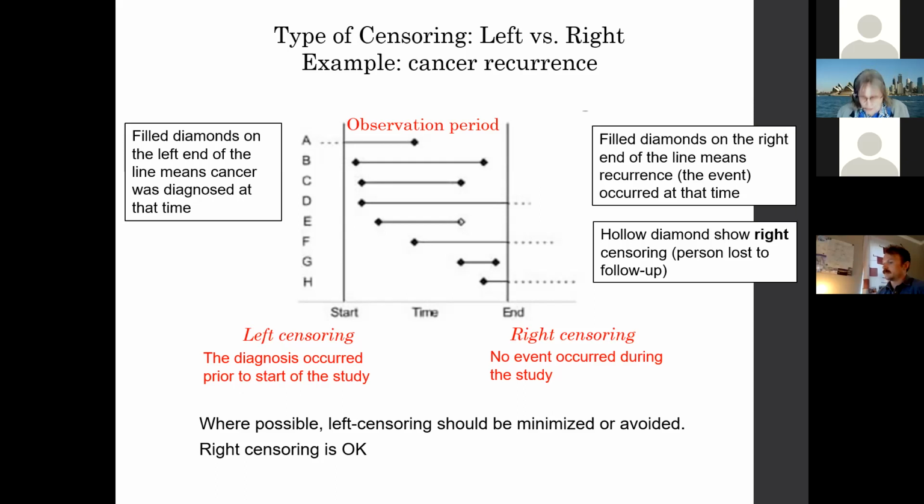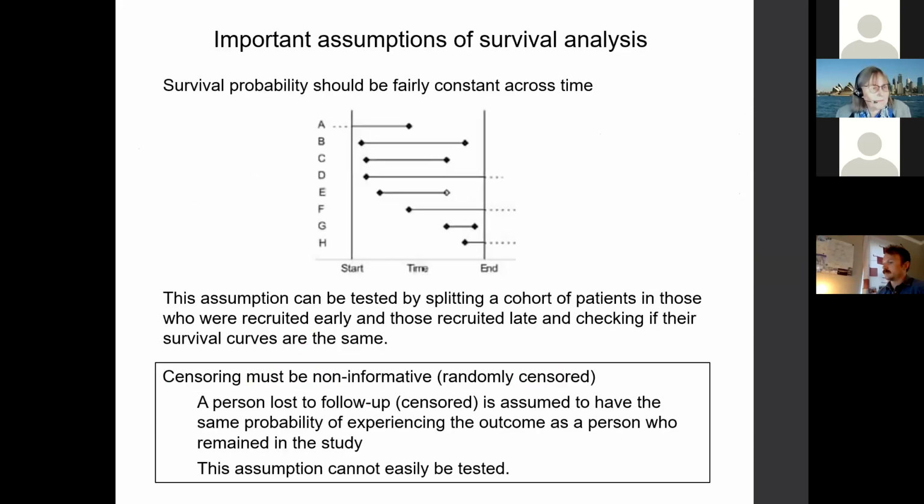But right censoring is why we do survival analyses. There are assumptions if you're doing survival analysis. One is that your survival probability should be fairly constant over time. So during your observation time, you shouldn't have the probability of dying changing, like maybe there's a new treatment that increases survival, or a more virulent disease appearing which decreases survival.